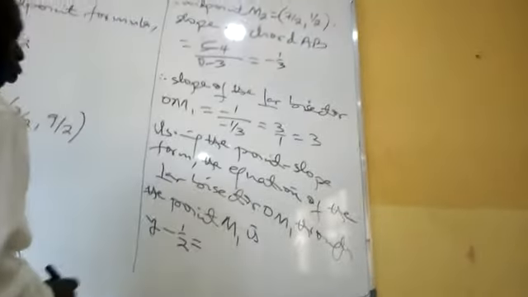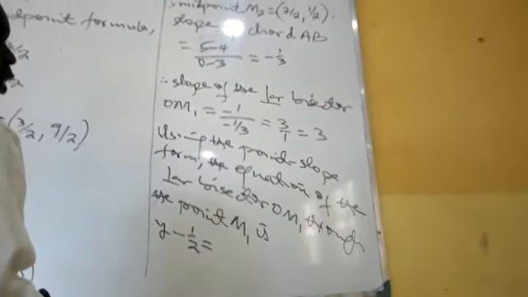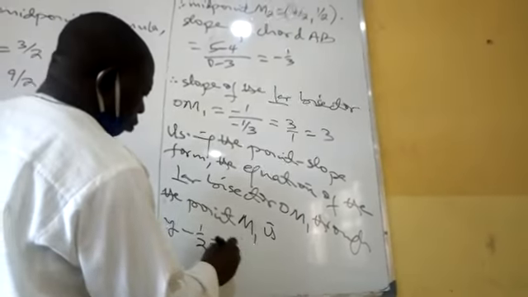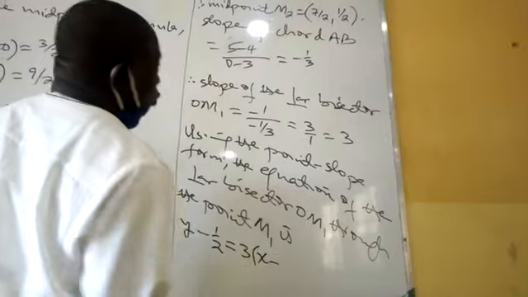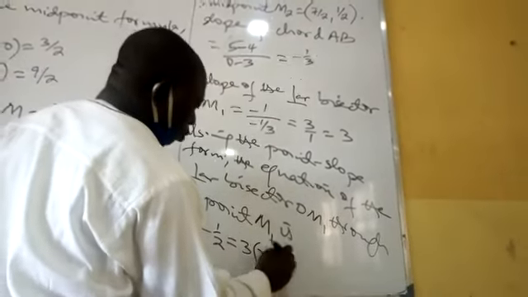Y minus half is equals to m into x minus x1. M in this case is 3 into x minus x1, where x1 in this case is 7 over 2.